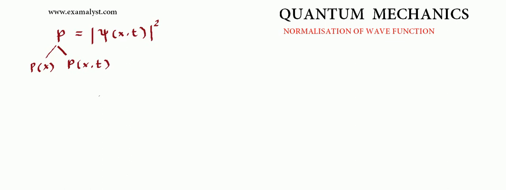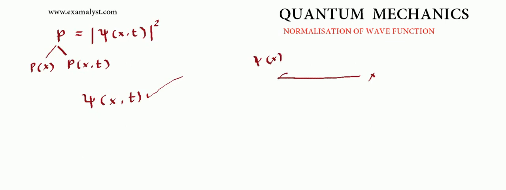Now, having learned this, what is psi of x? So psi of x is the amplitude at a particular x and a particular time t. This is a function that has a distribution in space. For example, consider this is the 1D x, then any psi of x is nothing but a distribution.